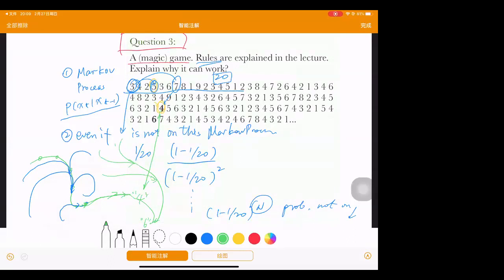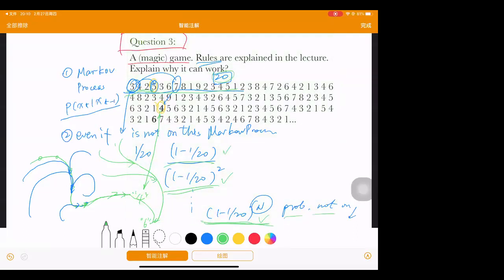So this is a mathematical explanation. Once you choose anything randomly, if it's not falling on this chain, that just means you chose a different starting point. Everything is random. The probability that you're not on this chain is 1 minus 1 out of the samples you want to deal with. If I want to make it work over the first 20 numbers, then this is the probability that you're not on the selected Markov process, and the second time, that's the probability again. After n times, this number will be very small.